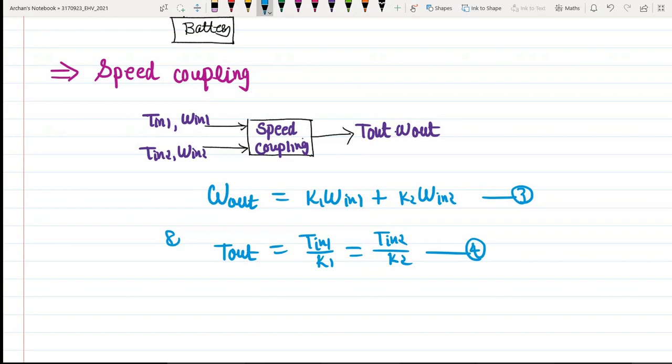Now, similar to torque coupling, we may have typical speed coupling devices also.